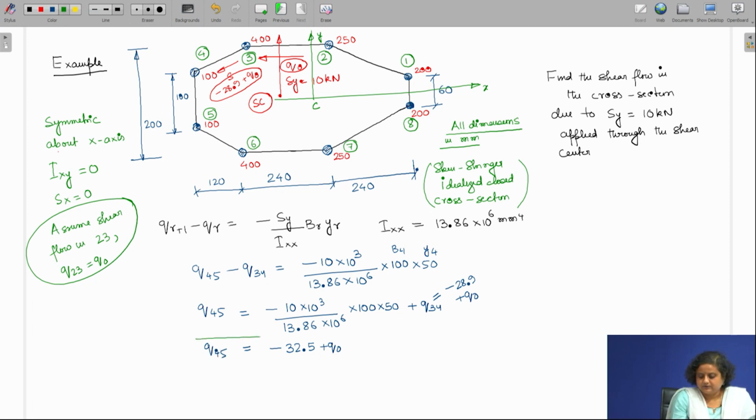So, this is Q45. Similarly, we can find out the shear flow in each portion of the cross section.